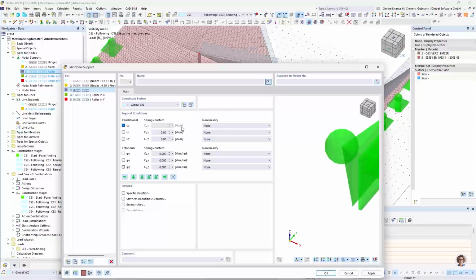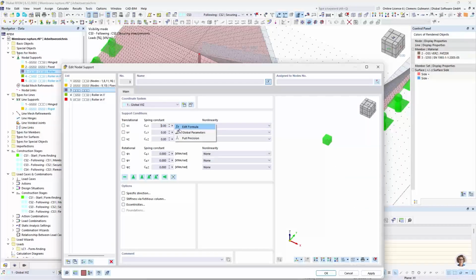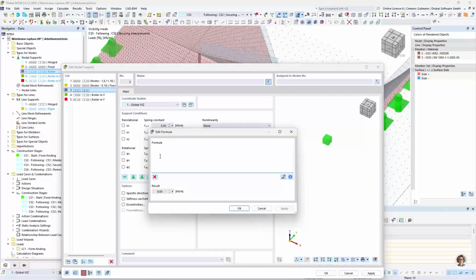And here we could, of course, have a fixed support in the global direction, but this would mean that we are not taking into account the actual stiffness of the cable that we want to use. And we can do this by simulating this or by calculating this.